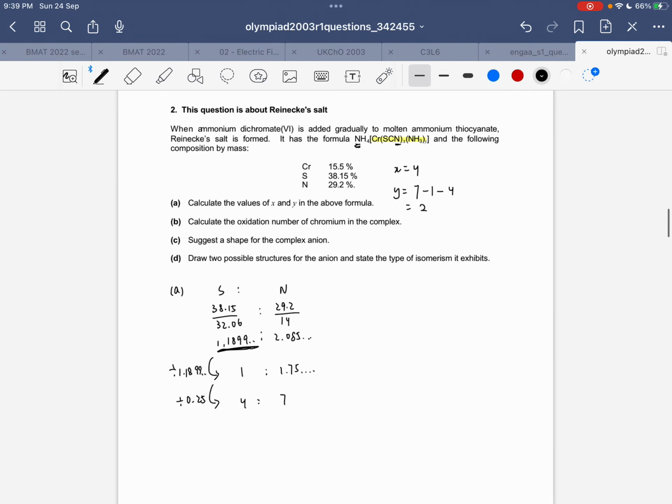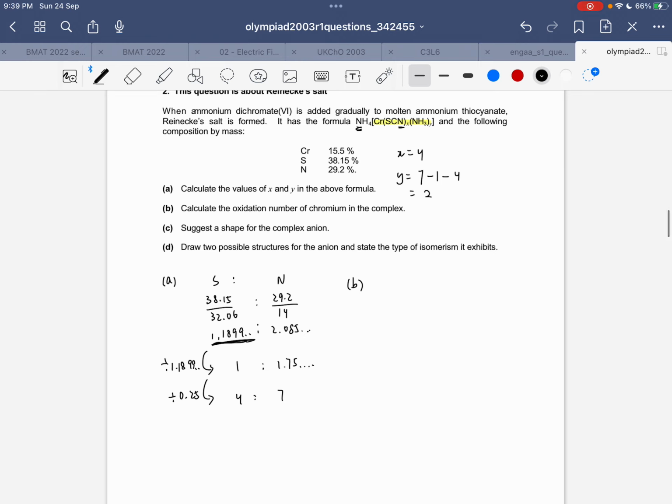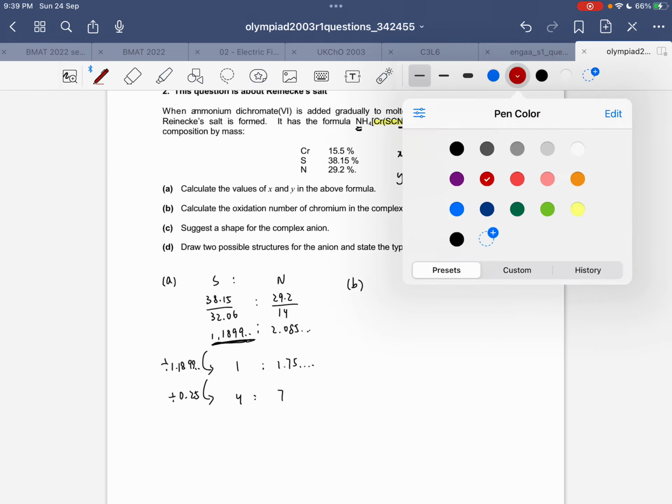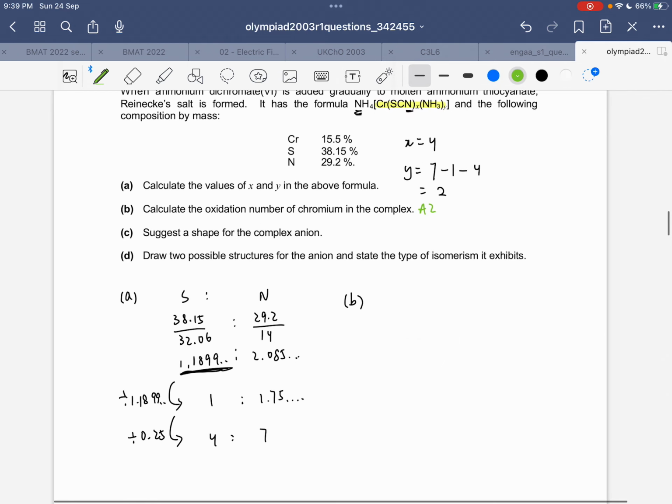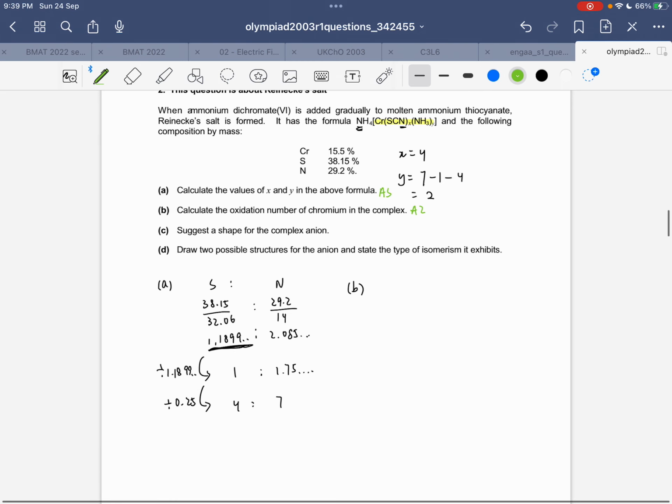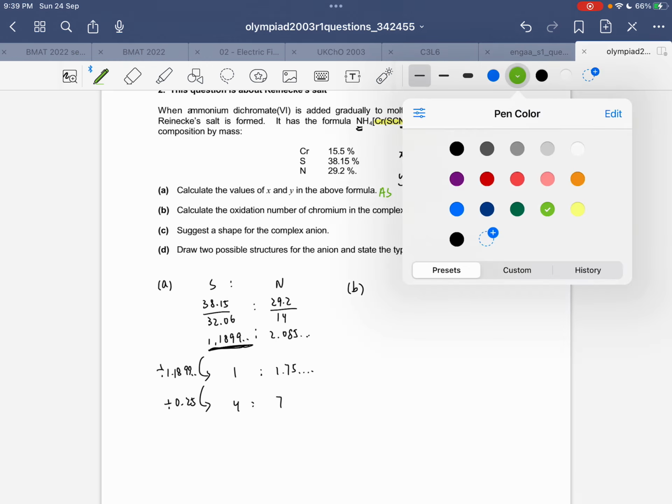Then moving on to B. This part B will be an A2 topic, and part A was an AS topic. Part B is about the oxidation number of the complex.